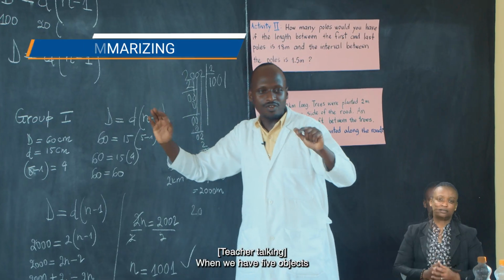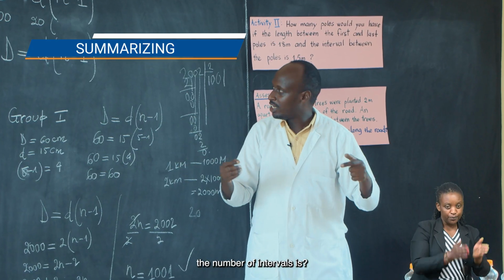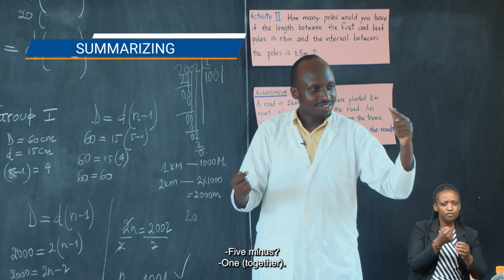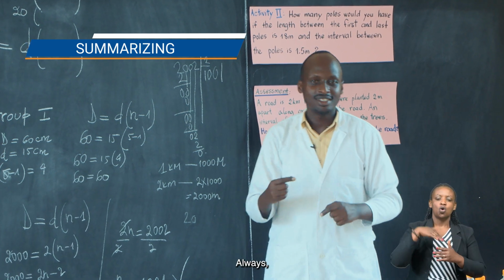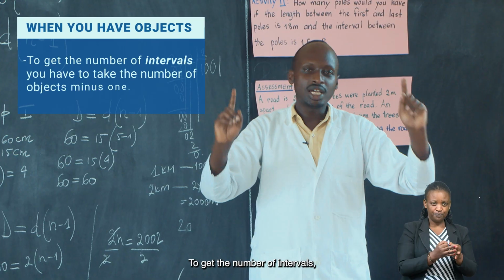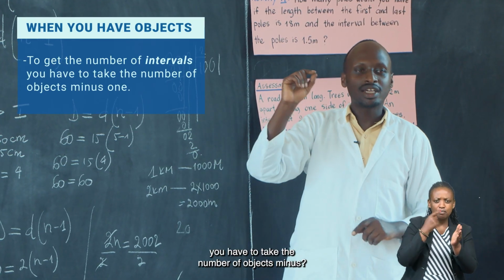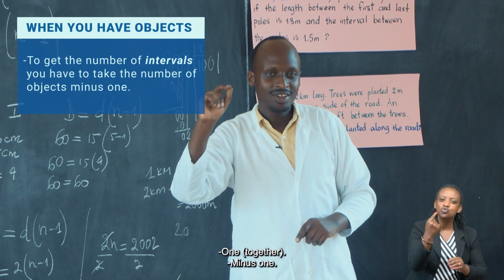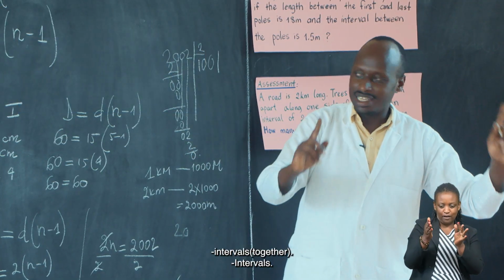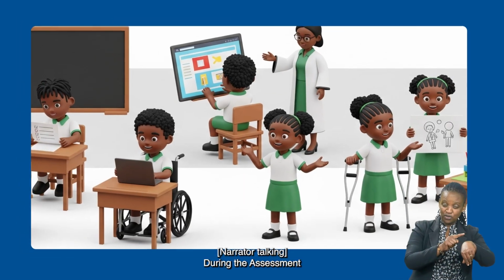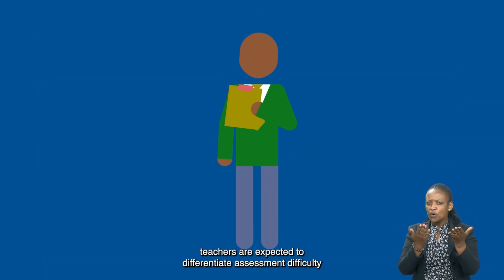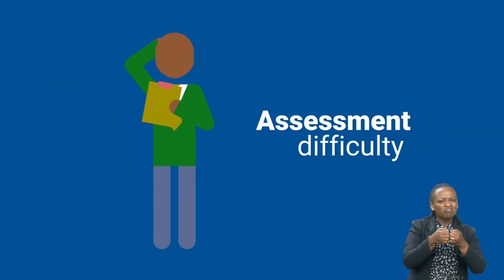When we have 5 objects, the number of intervals is 5 minus 1. Always, when you have objects, to get the number of intervals, you have to take the number of objects minus 1. During the assessment, teachers are expected to differentiate assessment difficulty.